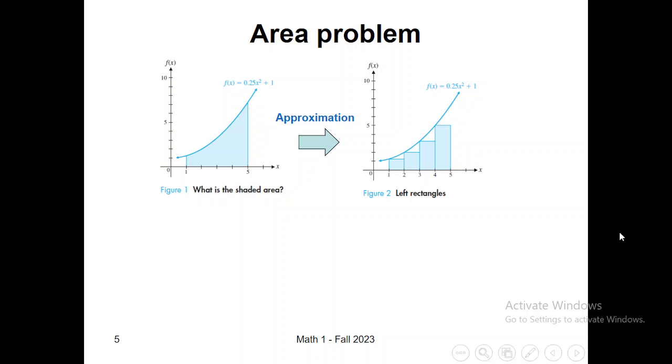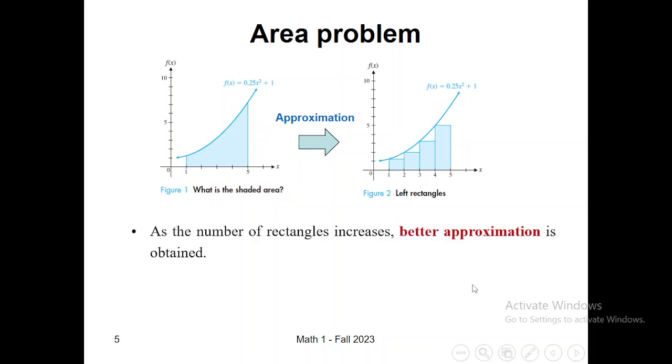We want to find the area under the curve of this function, for example, from x equal 1 up to x equal 5. This area doesn't have a geometrical rule to evaluate. So how to evaluate this area? The first idea is to make some sort of approximation.